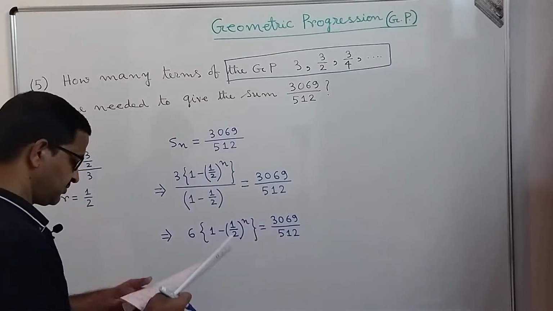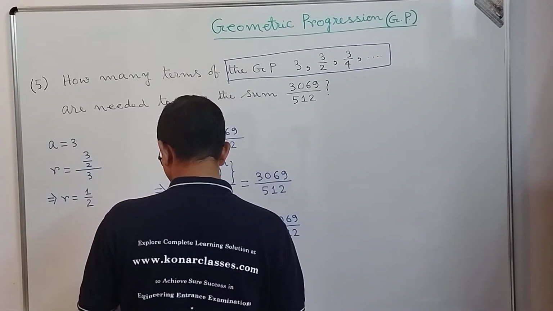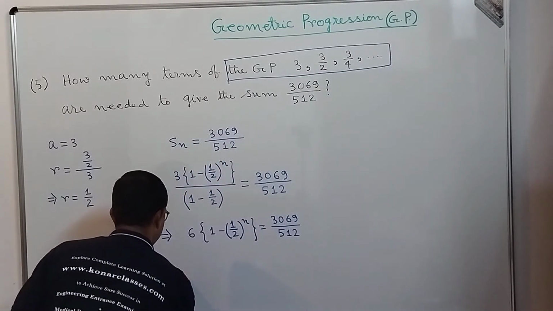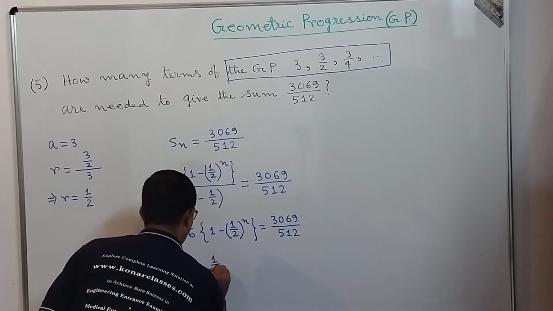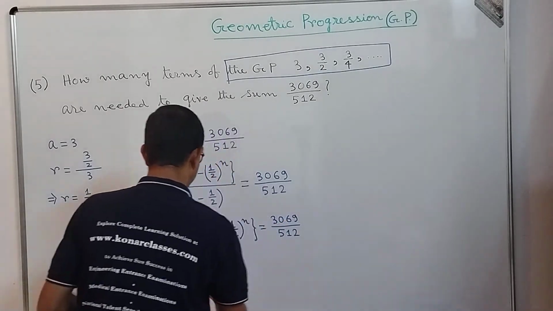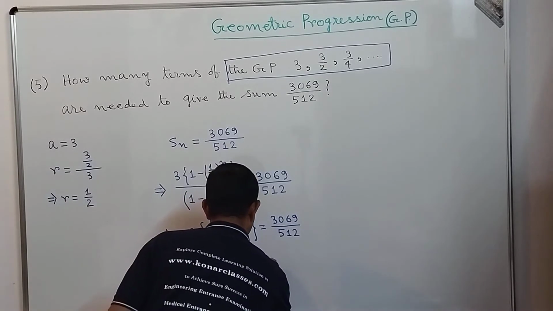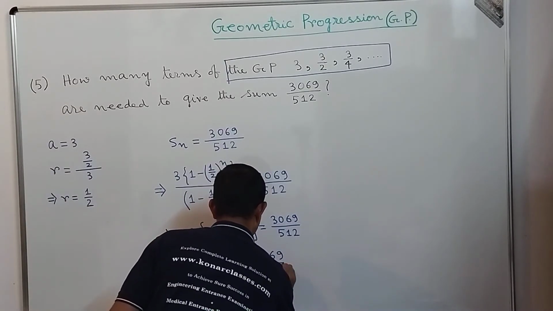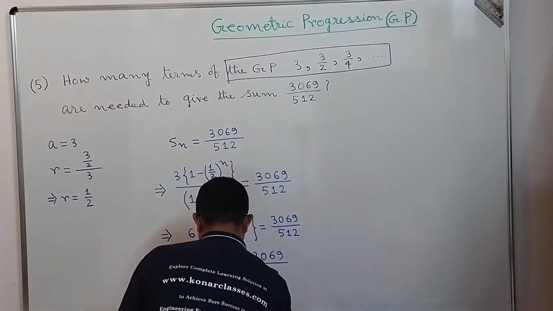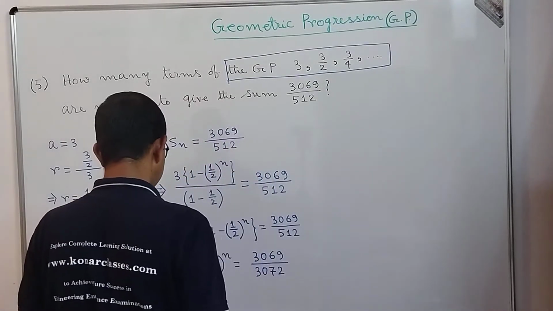Now, just to reduce time, we can write 1 minus 1 by 2 to the power n equals 3069 by 6 into 512. If we multiply 6 and 512, we get 3072, correct?